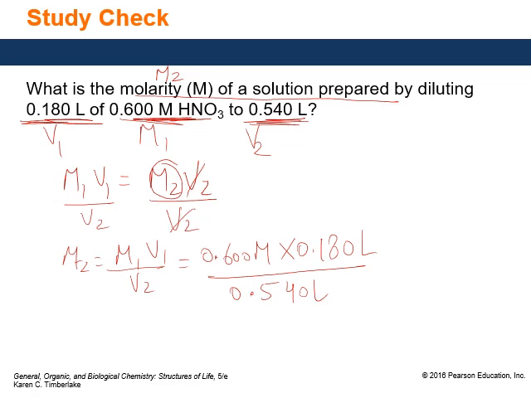Again, liters and liters got cancelled. If you plug this into the calculator, 0.600 times 0.180 divided by 0.54 would give you 0.200 molar. I'm looking for 3 sig figs, so the final answer should have 3 sig figs. So that is my final answer.